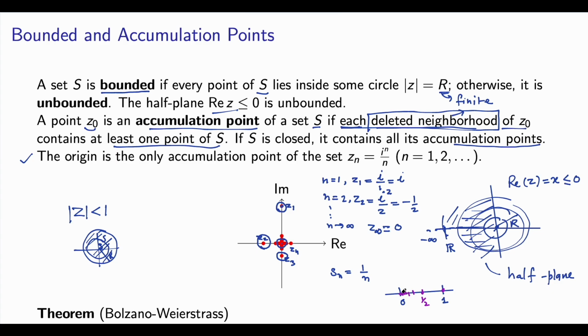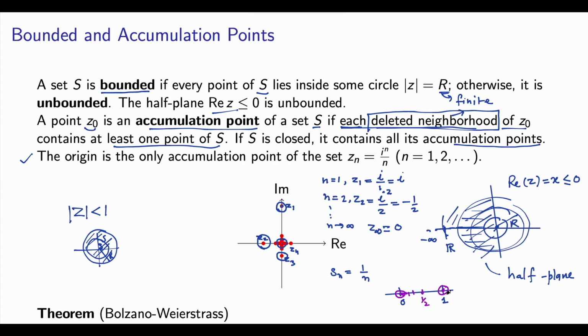In the neighborhood of 0, whenever you prepare one, you will always find a point of S enclosed by this deleted neighborhood. For the other points, I can prepare the neighborhood size depending on my requirement.